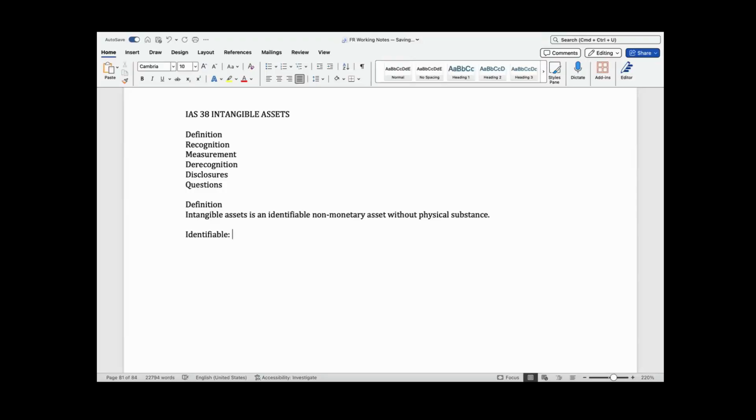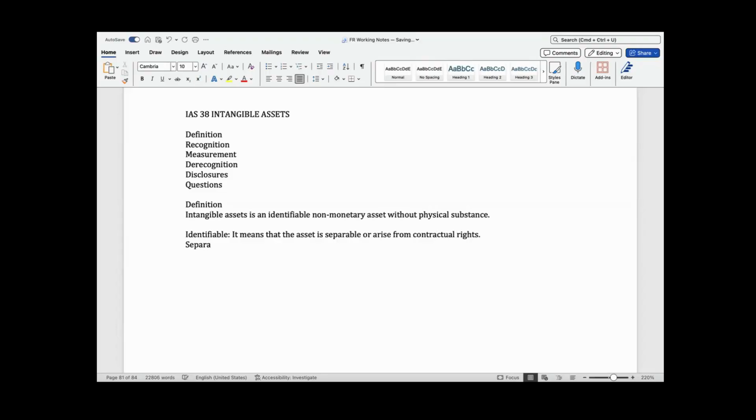So what does that mean? This means that the asset is separable or arises from contractual rights. Okay.